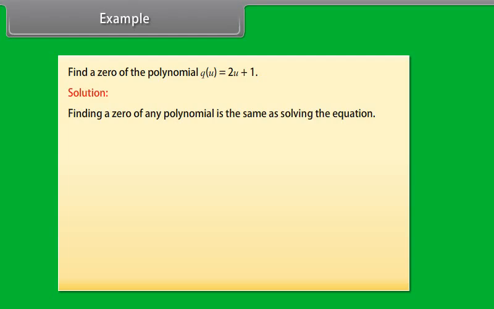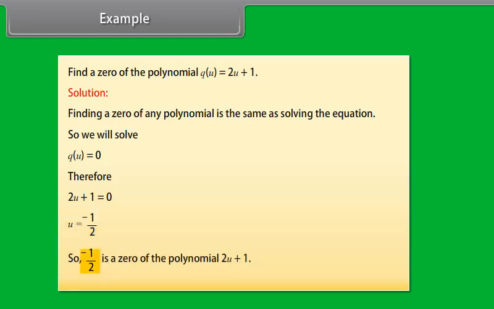Now substituting the value 4, we get P(4) equals 4 minus 4, which is equal to 0. We have seen that P(minus 4) is equal to minus 8 and P(4) is equal to 0. Therefore, 4 is a zero of the polynomial x minus 4, but minus 4 is not.